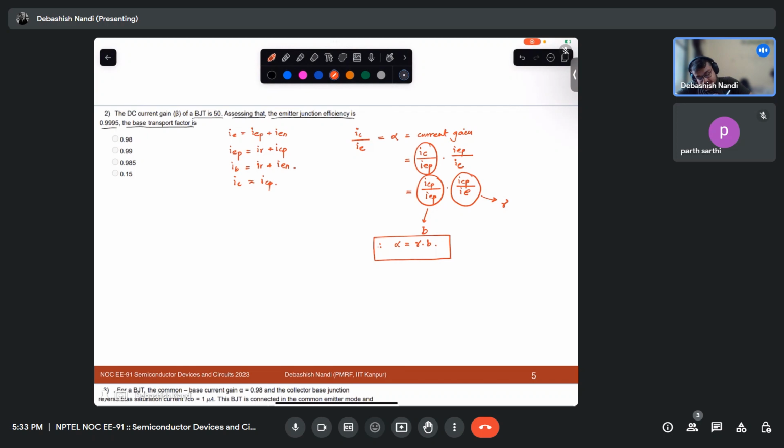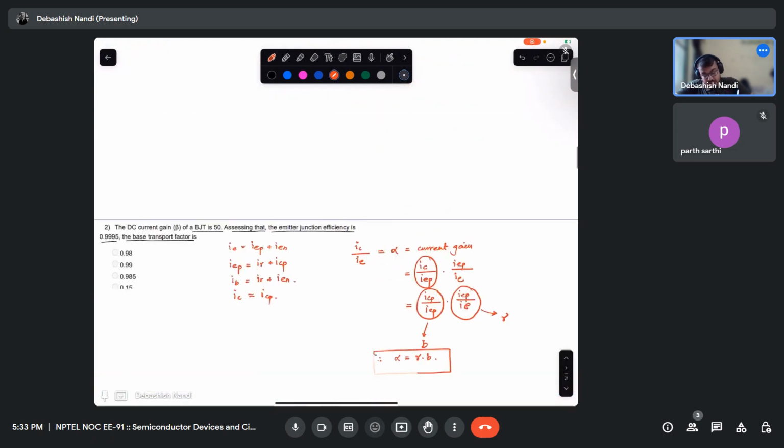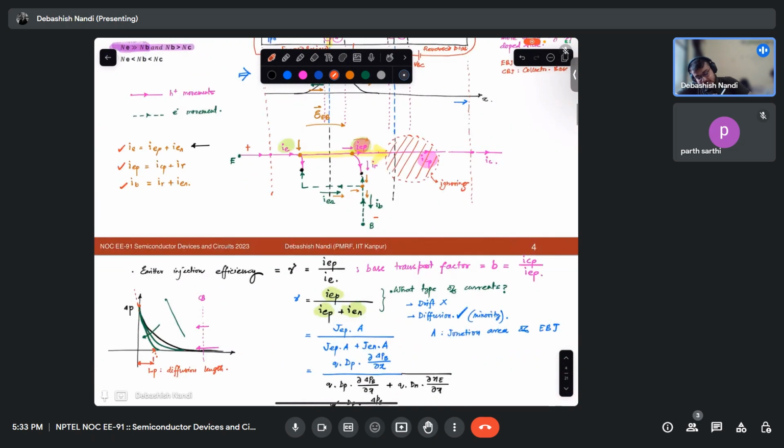Now, we also know from these equations that IE is equal to your IEP plus IEN. What is your IEP? IEP is your ICP plus IR, plus IEN. And what is IR plus IEN?